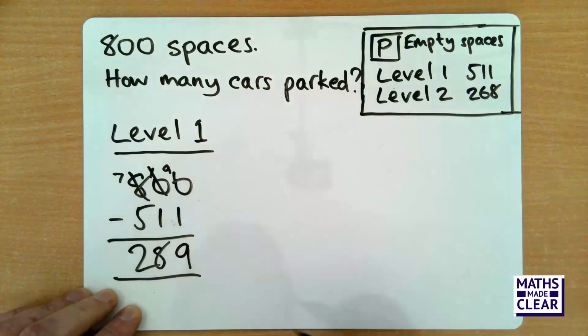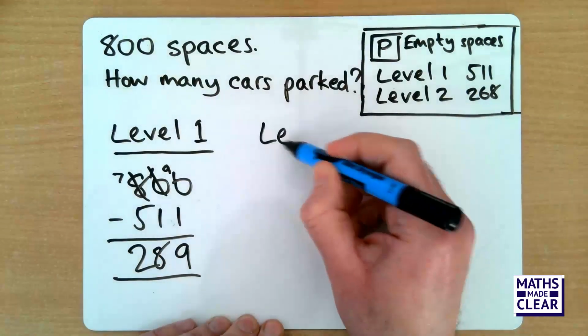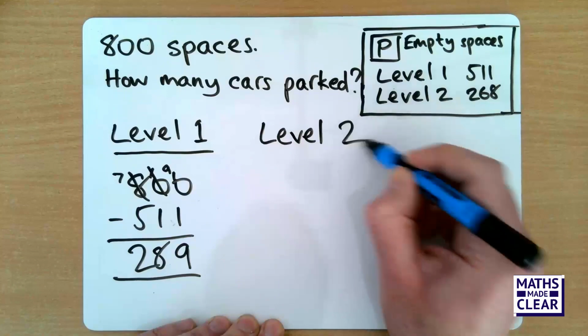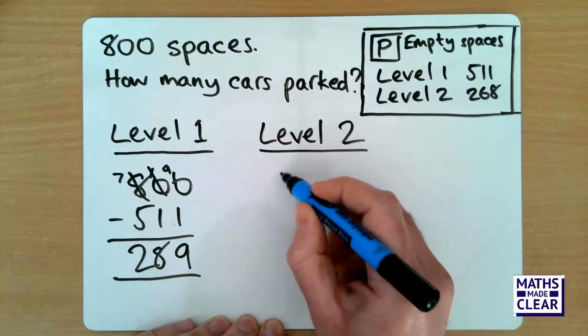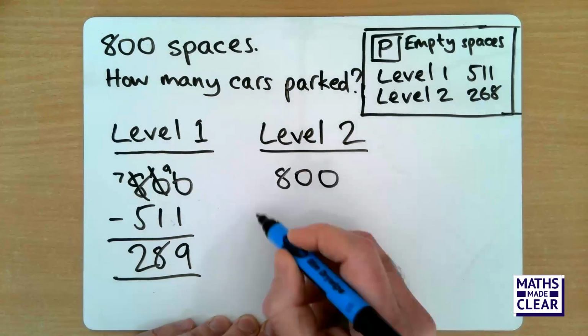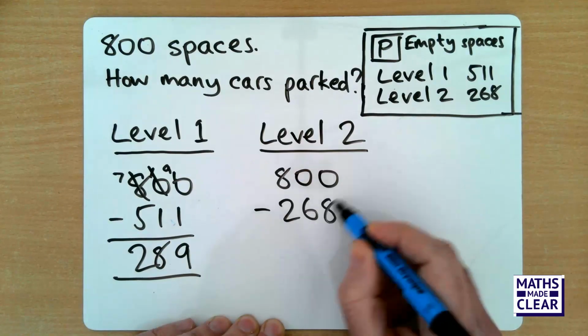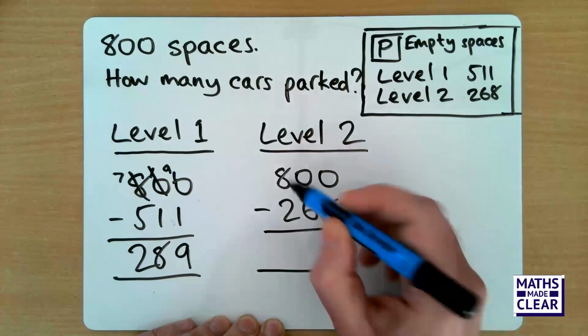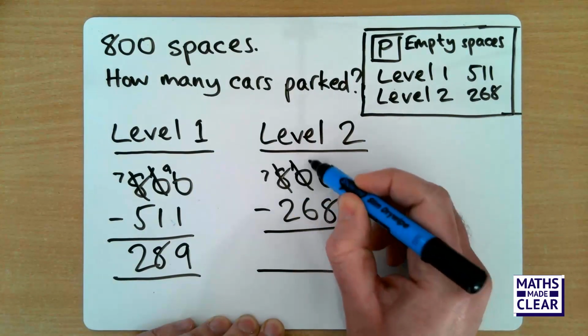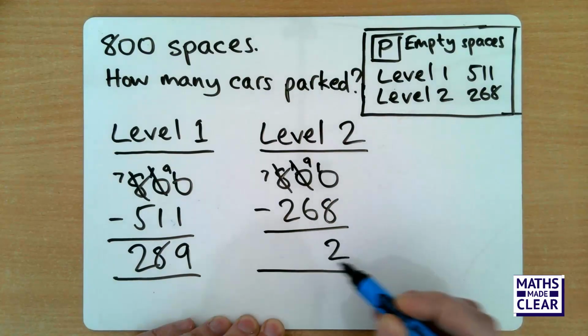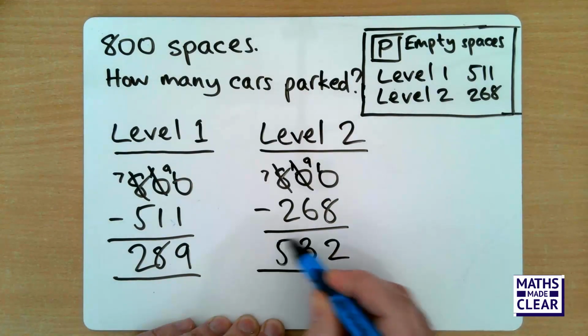As you can see, we will get to 289. Let's do the same for level 2. It's going to be 800, which again is how many total spaces there are on that level. Take away 268, which is the number of empty spaces. And that leaves us with 532.